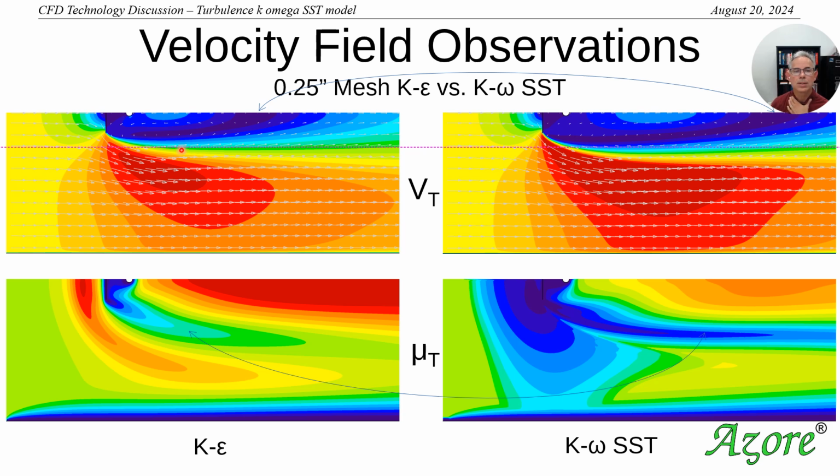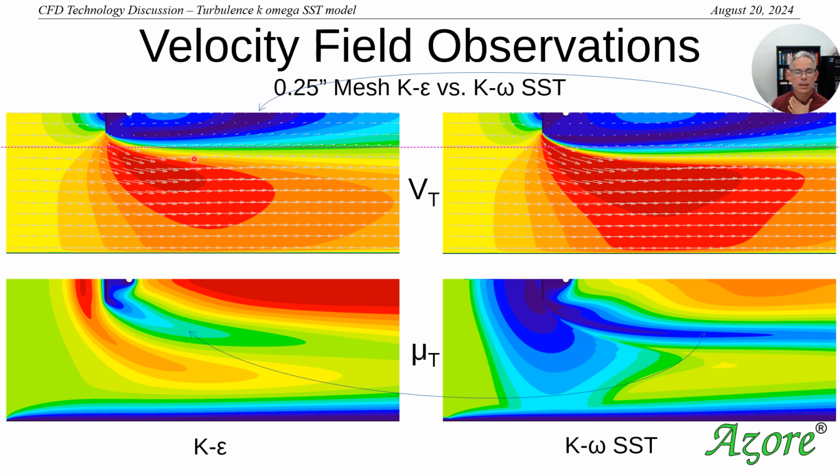You'll also notice here in the K epsilon turbulence model that the turbulent viscosity is much higher in this area, in that transition area. And here that means that the mixing potential is much higher in the K epsilon turbulence model than the K omega SST turbulence model.